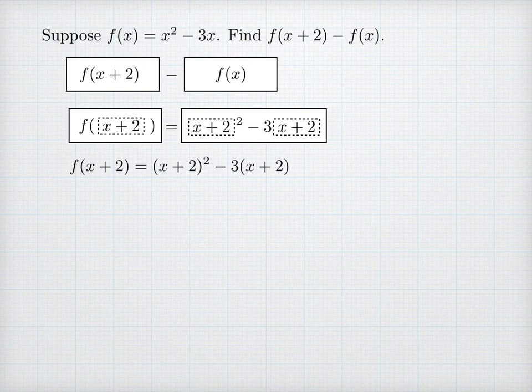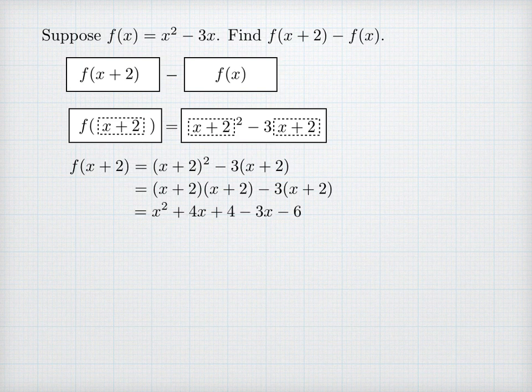Now I want to simplify that, so I'll expand it. X plus 2 squared means multiply by itself. I distribute that all across, maybe using FOIL, so that x plus 2 squared is replaced by x squared plus 4x plus 4. Can you imagine thinking of that as a card being turned over? X plus 2 squared, the back side is x squared plus 4x plus 4.